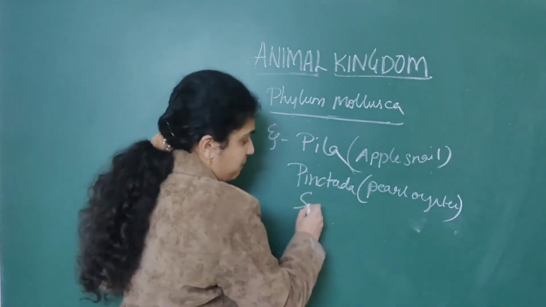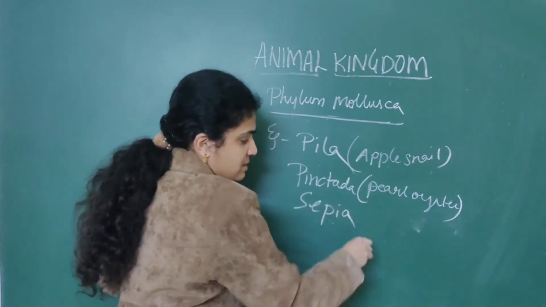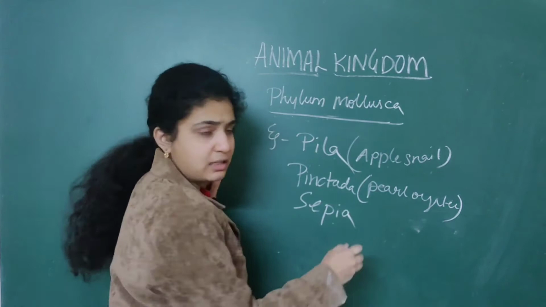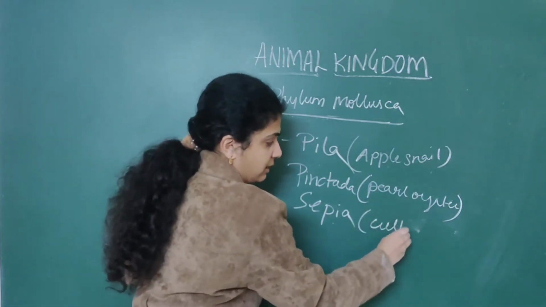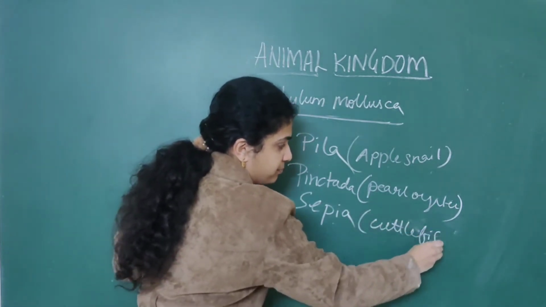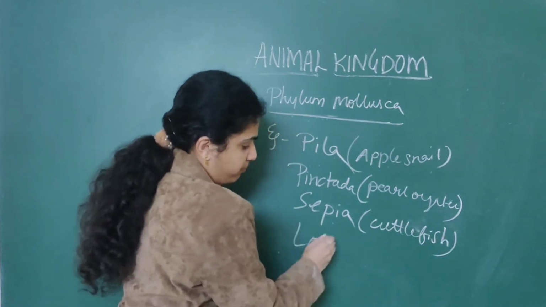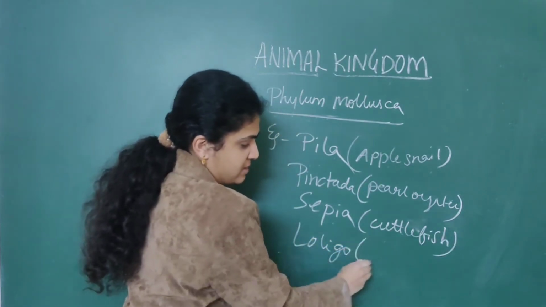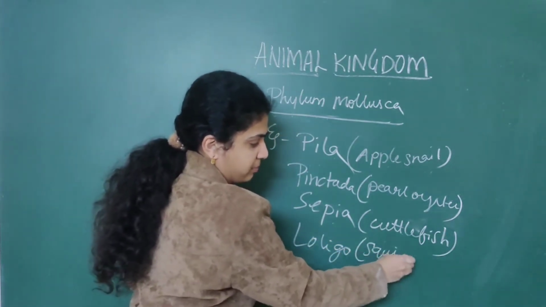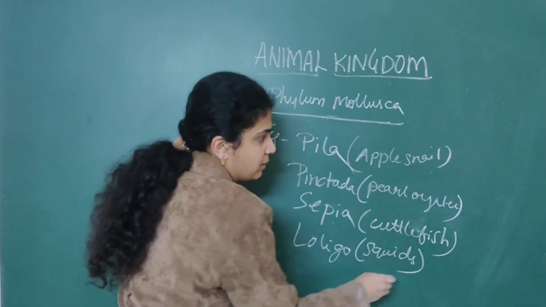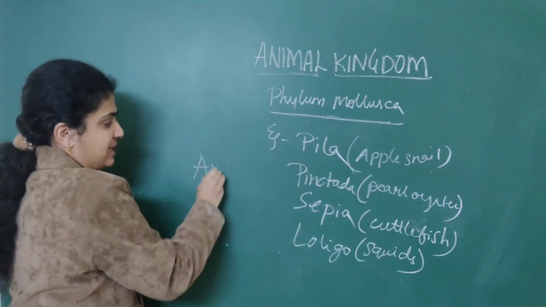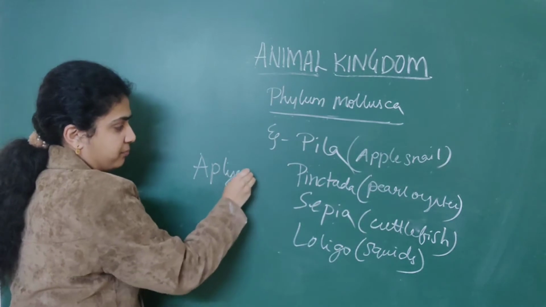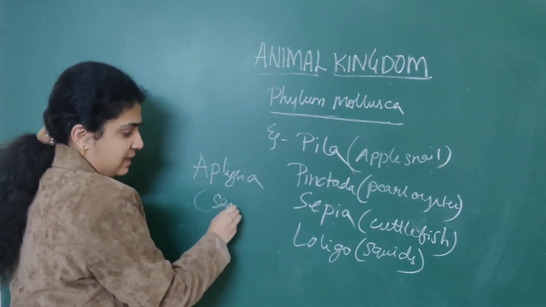Next, Sepia is cuttlefish. Then Loligo, squids. Then Aplysia, sea hare.